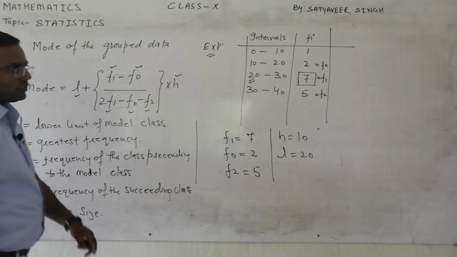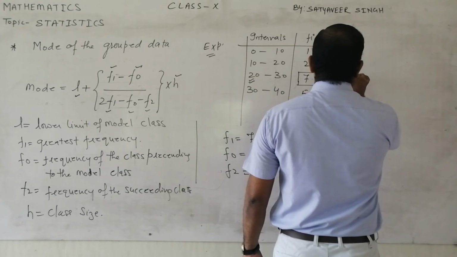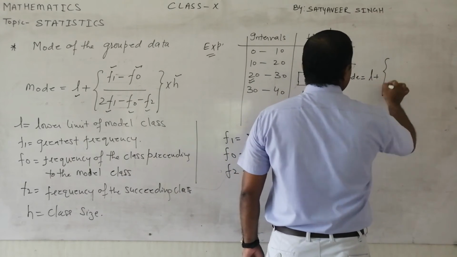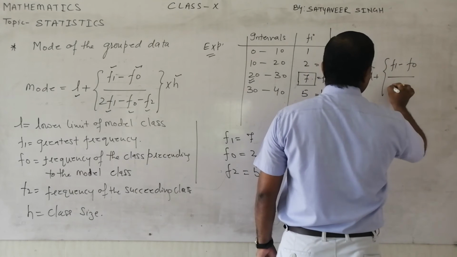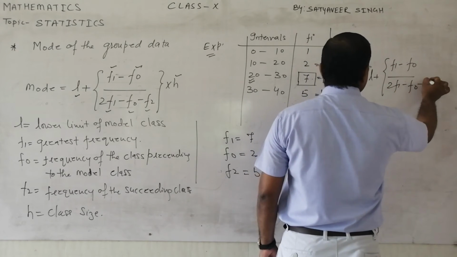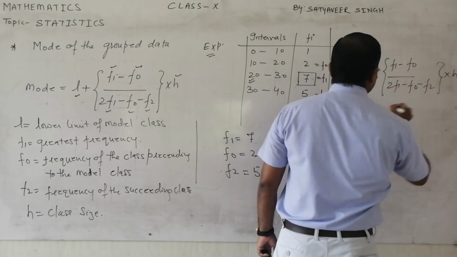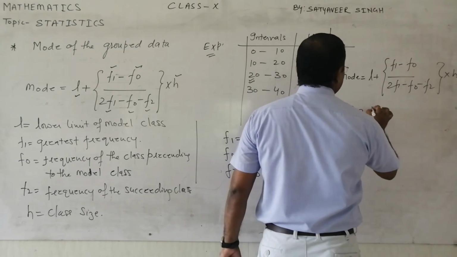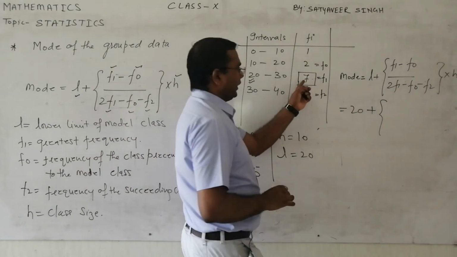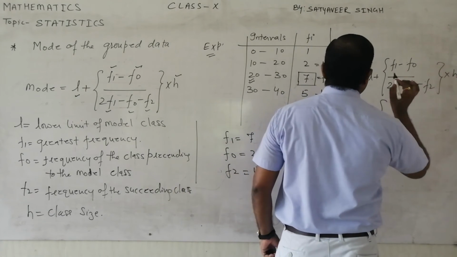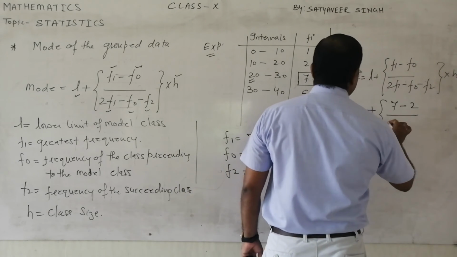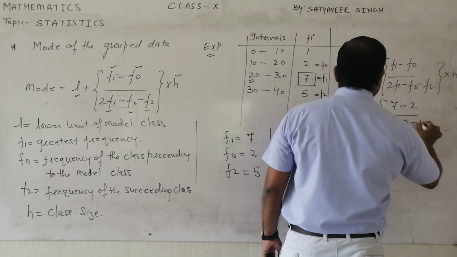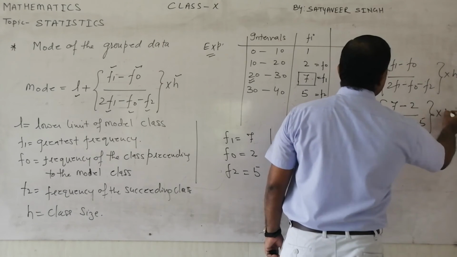We have all these values, so we put them in the formula. Mode is equal to L plus (F1 minus F0) upon (2F1 minus F0 minus F2) into H. So L is 20, F1 is 7, F0 is 2, 2F1 becomes 14, F2 is 5, and the class size is 10.